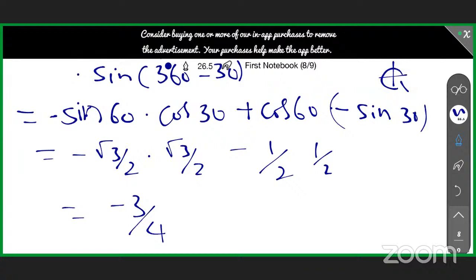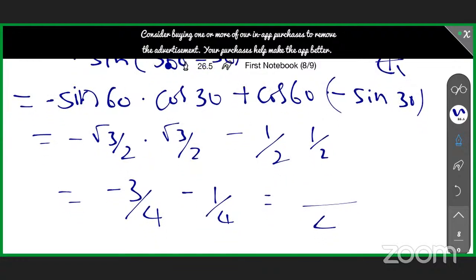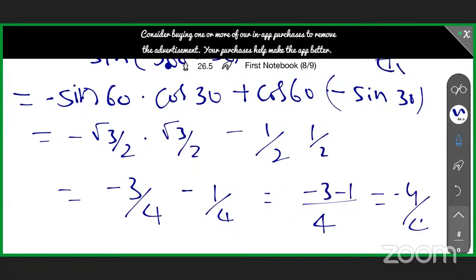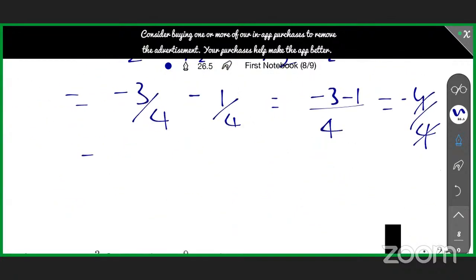Minus 3 by 4 minus 1 by 4. If you do this, 4 is the LCM. So minus 3 minus 1 will give me minus 4 by 4. Simplify. What am I getting as answer? I'm getting the answer as minus 1.